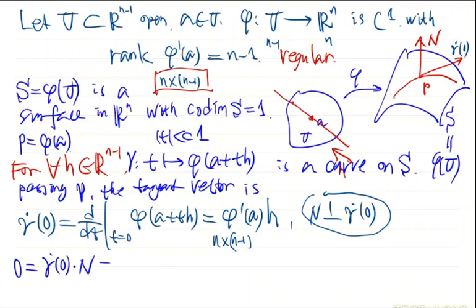This is the inner product of two column vectors, where the first vector takes the transpose.